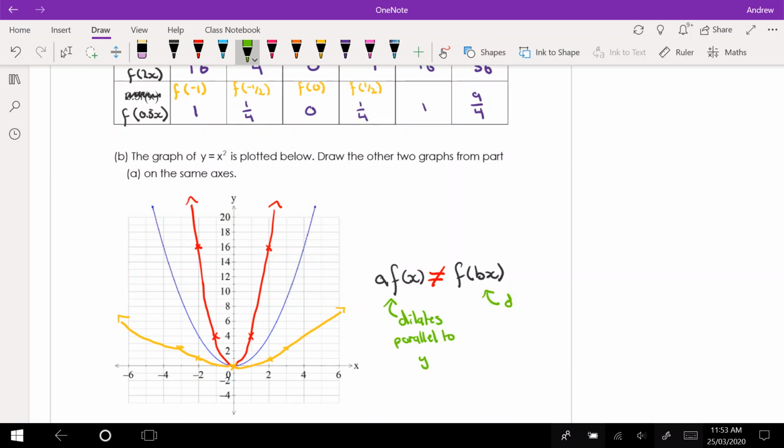This dilates parallel to x. If it's inside of our brackets, it only affects x. If it's in front of that f of x, it is changing our y value. If it's adding at the end, it's changing where we are on our y-axis.